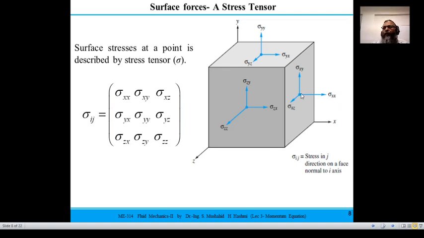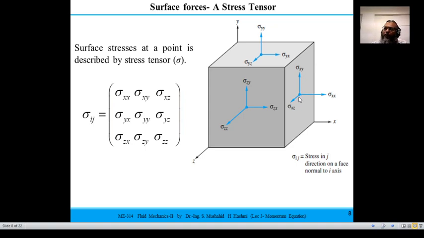So if you look at this stress sigma xy, it means the jth subscript is representing the direction. So the force is acting in the y direction. And where this force is acting, this first subscript denotes the normal, and normal is in x direction. That's why you have sigma xy.